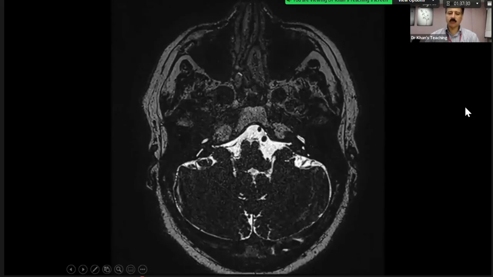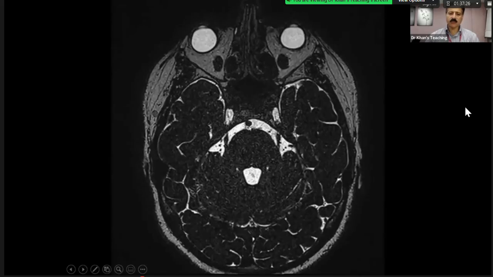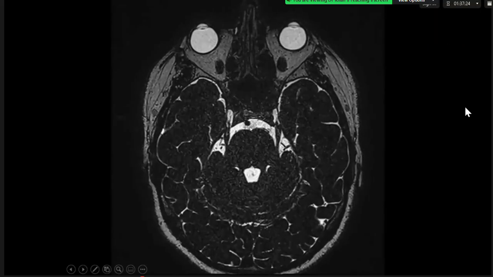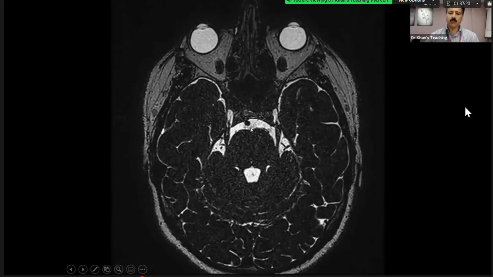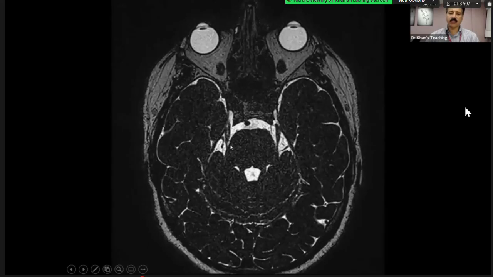Also, please remember that this is the basilar artery. When we do trigeminal nerve imaging, in any patient who has got trigeminal neuralgia, we do this sequence to see what we call neurovascular conflict. Are the vessels abutting the nerve?